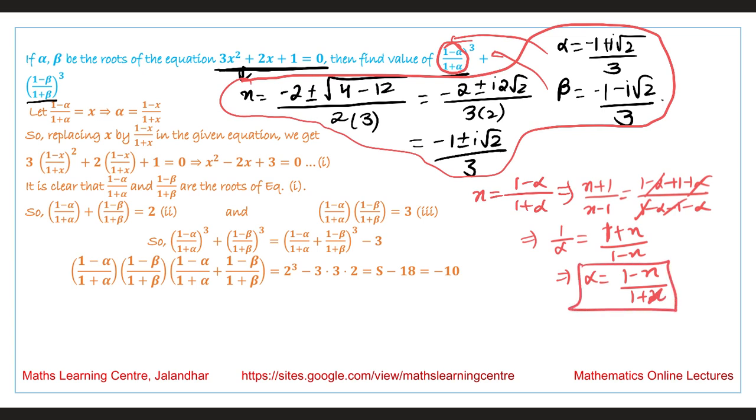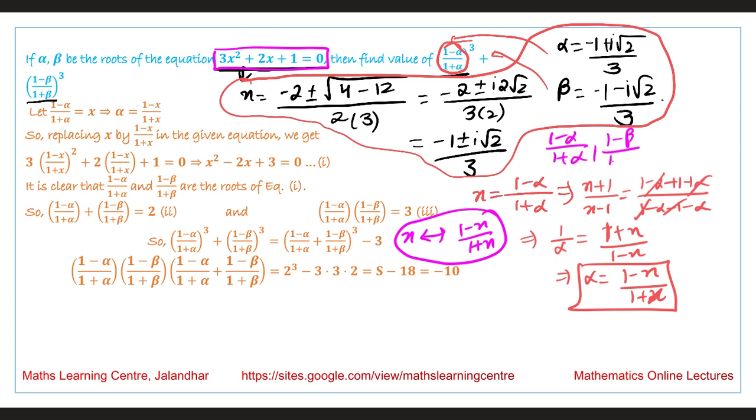So this means that if we replace x by 1 minus x over 1 plus x in this equation, then the transformed equation will have the roots 1 minus alpha over 1 plus alpha and 1 minus beta over 1 plus beta.